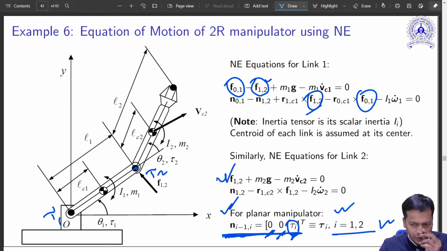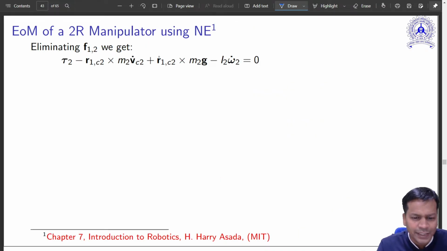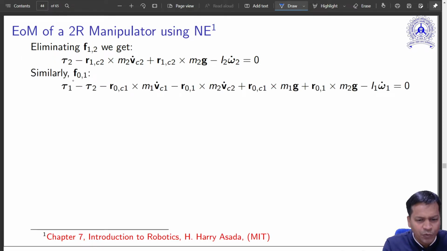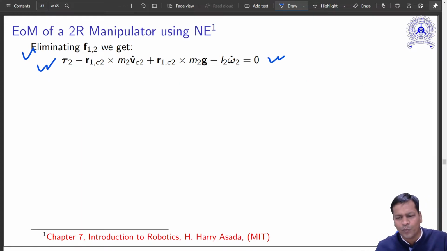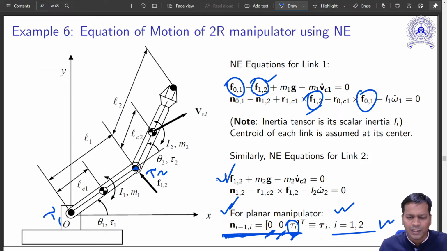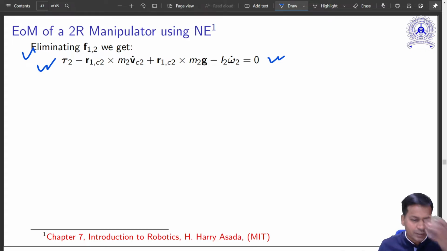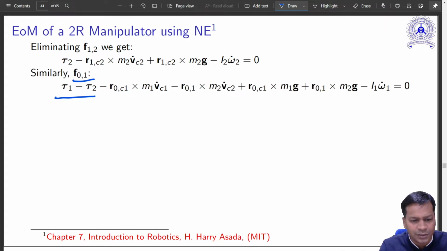Ultimately what I get, eliminating f12, is tau 2 equal to this, because in the second equation I have substituted that. Similarly, if you eliminate f01, you get this. It is just two variables and two equations you have to eliminate. It is quite trivial, just those substitutions. You can work it out yourself also.